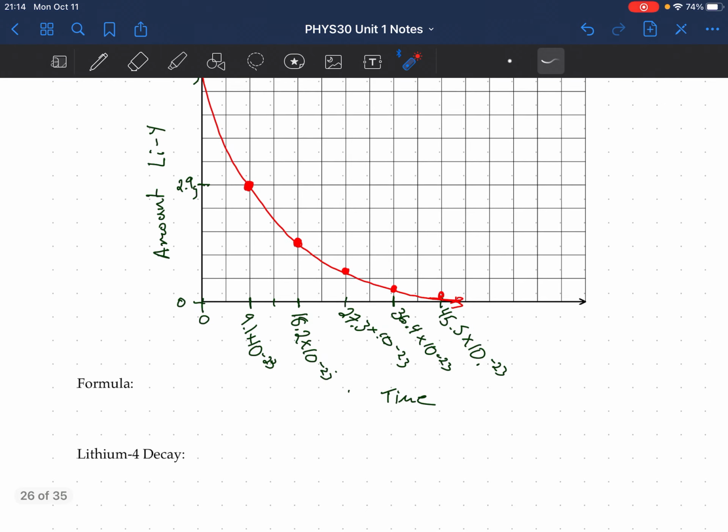Now, we need to talk about the formula for this. If you remember from before, our percent left is equal to 2 raised to the power of negative x divided by the half-life.